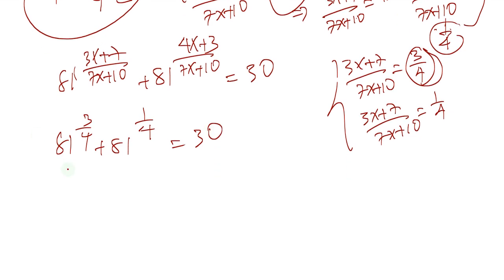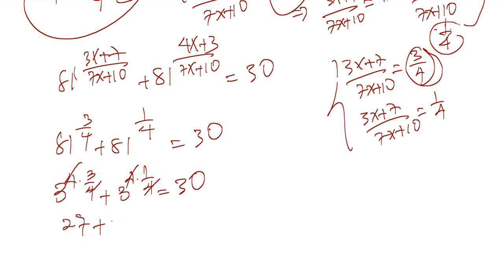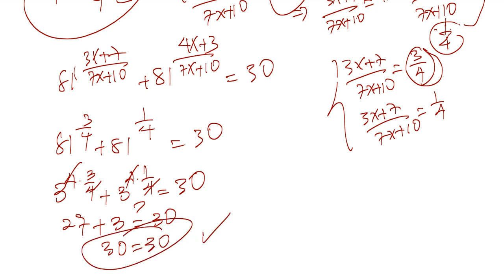So is this actually true? 81 is not 81 but 3 to the 4. We get 3^4 times 3/4 plus 3^4 times 1/4 equals 30. So this goes with this, we got 27, plus this goes with this, we have 3, equals 30. So this is actually 30 equals 30, and our solution is correct.